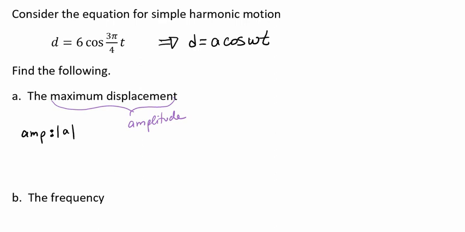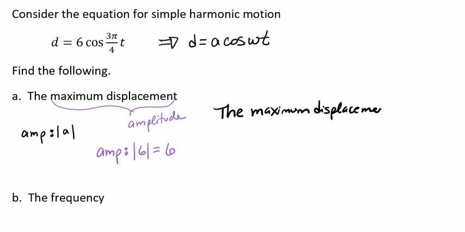In this case, our amplitude is going to be the absolute value of 6. So we can say that our amplitude is 6. Therefore, the maximum displacement is 6.